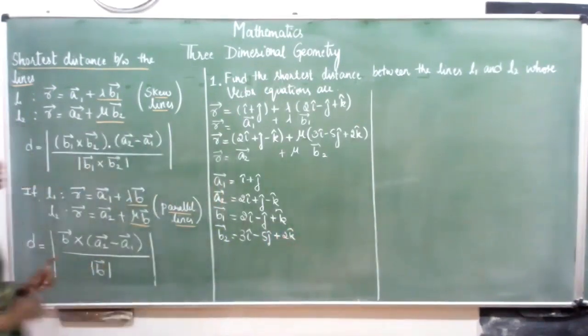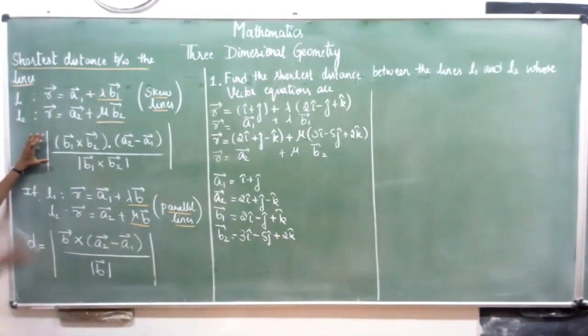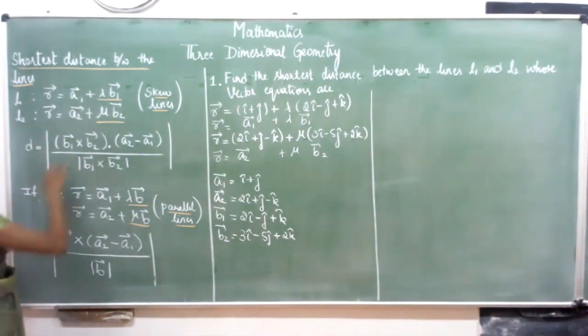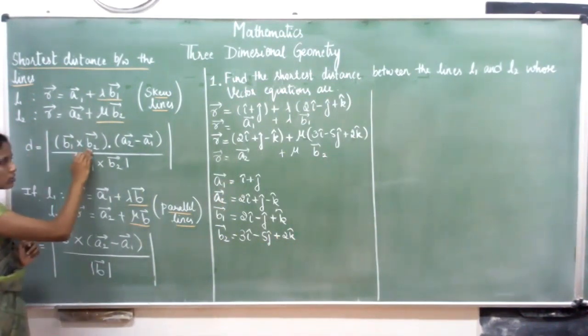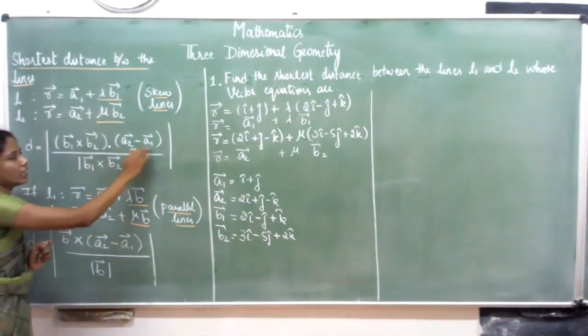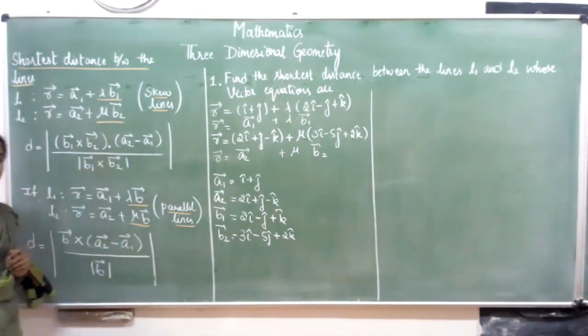We know the formula for the shortest distance between two skew lines is this. According to that, let us start finding the values. We need to find b1 cross b2, vector a2 minus a1, and also the magnitude of vector b1 cross vector b2.